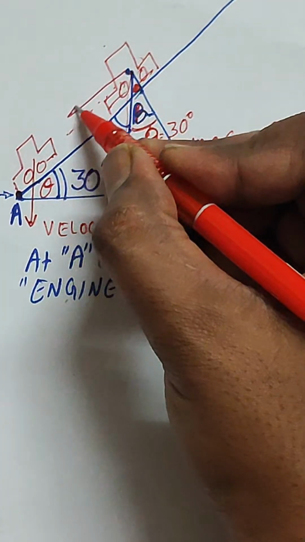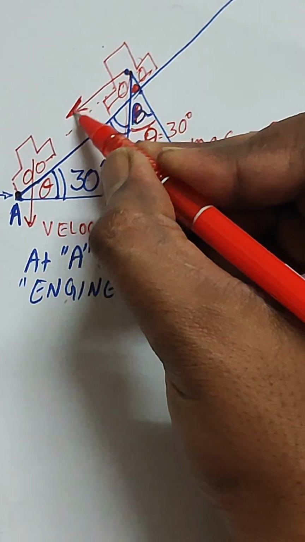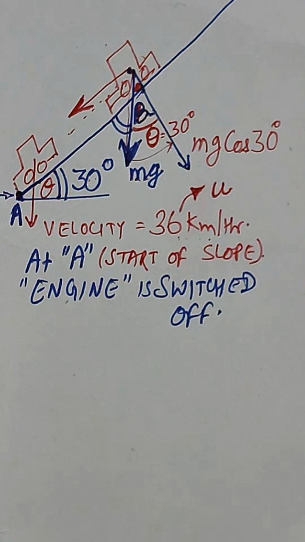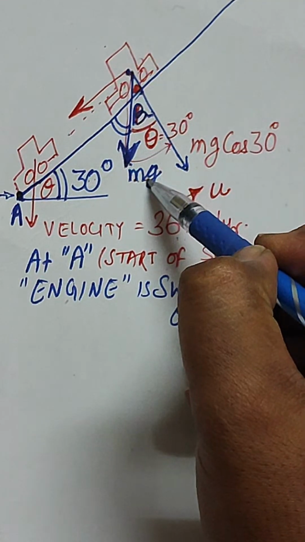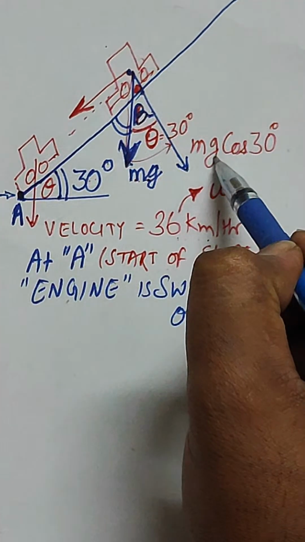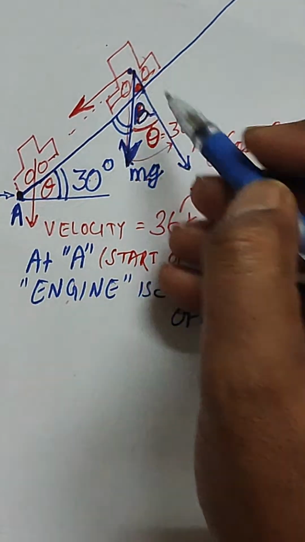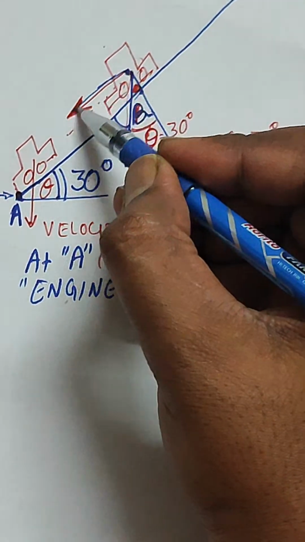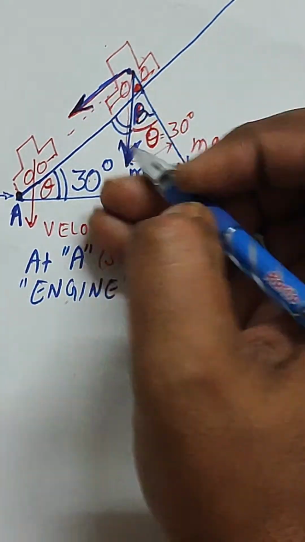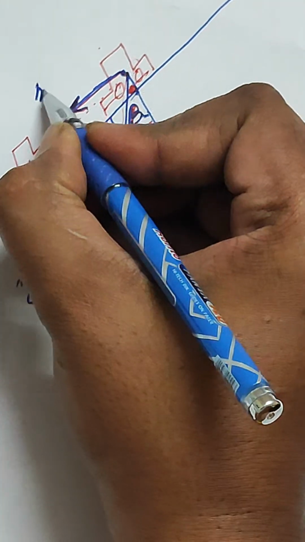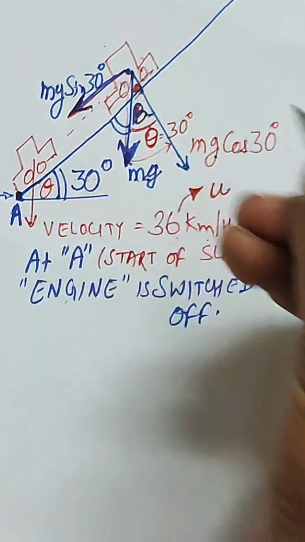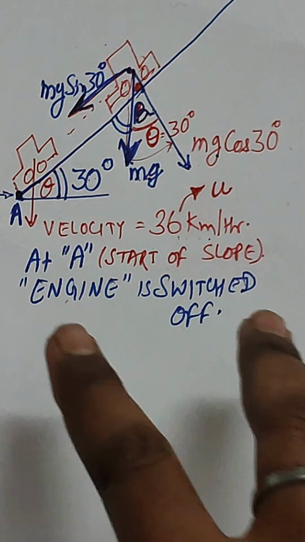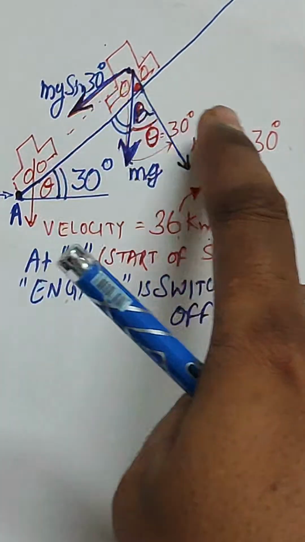Because this mg, the resultant vector, is broken into its two components, mg cos theta, and this perpendicular one, which is mg sin theta. So this will be mg sin 30 degree. This component of weight is broken into two parts.